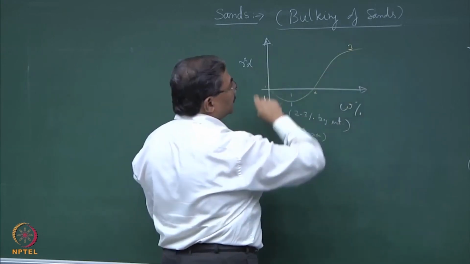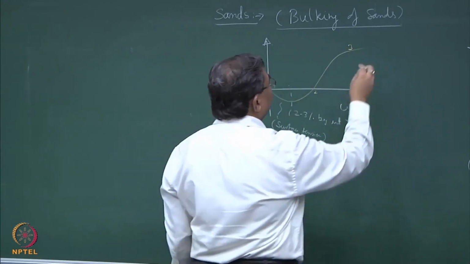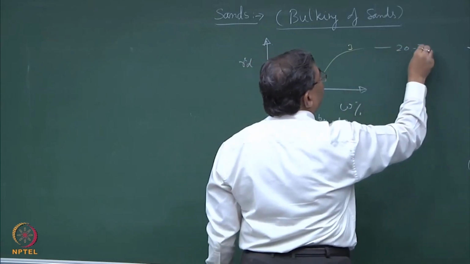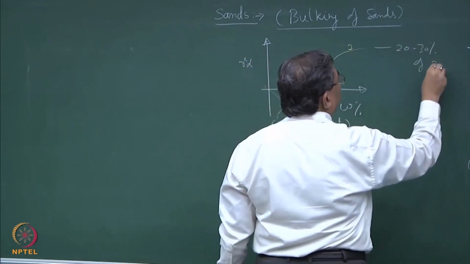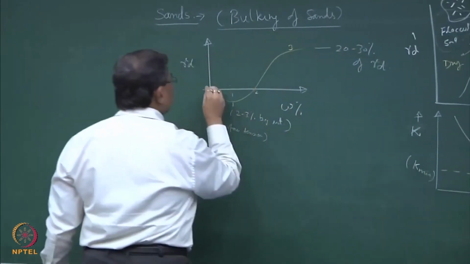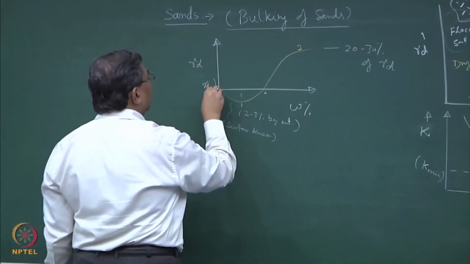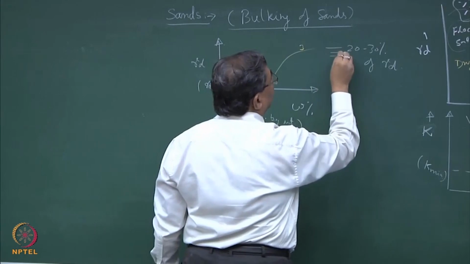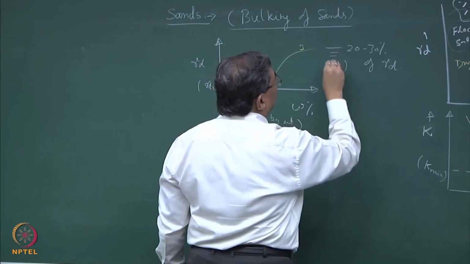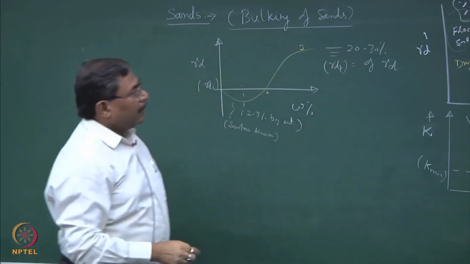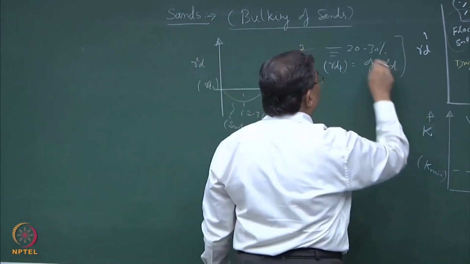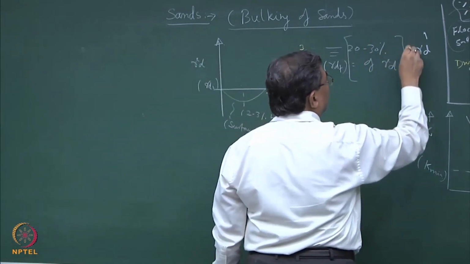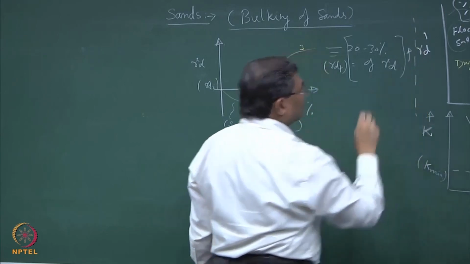Now, this whole process is known as bulking of sand, and this is where you get 20 to 30% of gamma d. So, if I say this is gamma d initial, this would be gamma d final, which will be an enhancement of 20 to 30%. Is this okay?